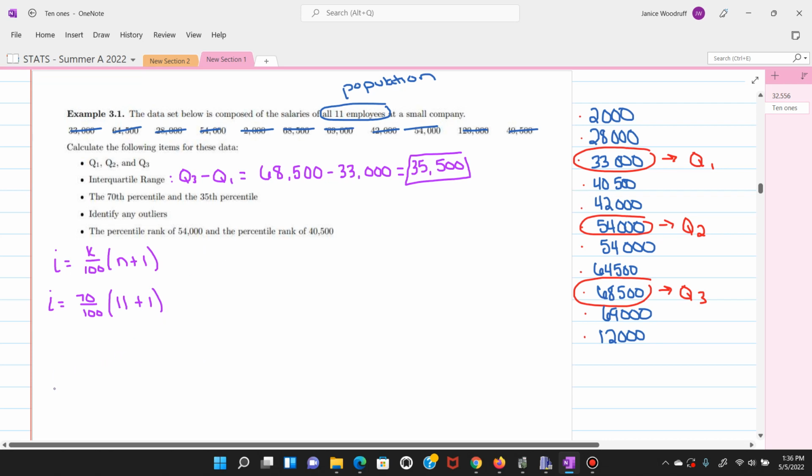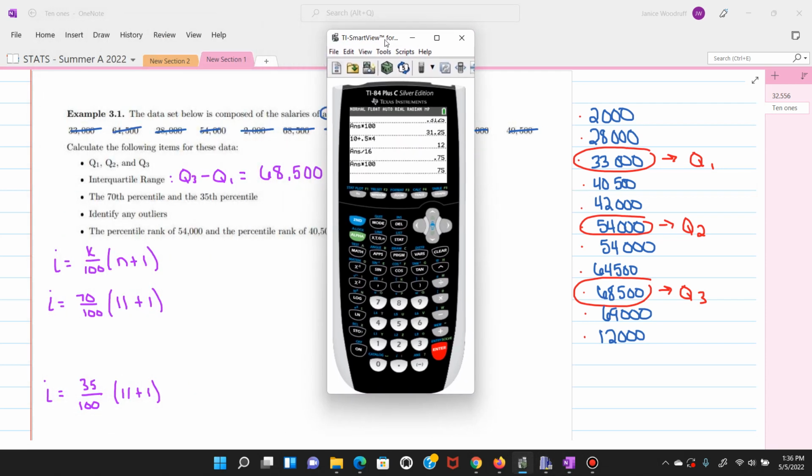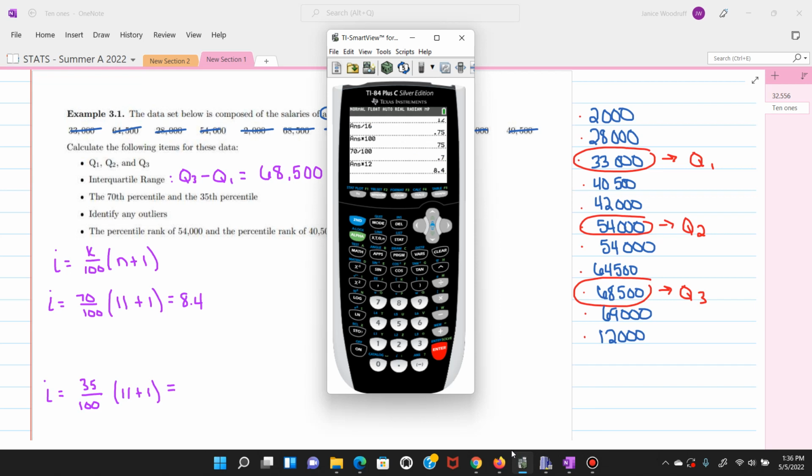I would do 35 over 100 times 11 plus 1. So let's do both of those. Okay, so 70 divided by 100 times 12. So that is going to be 8.4. And then 35 divided by 100 times 12, 4.2.